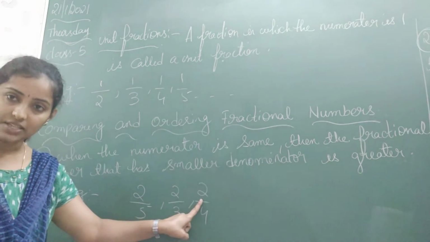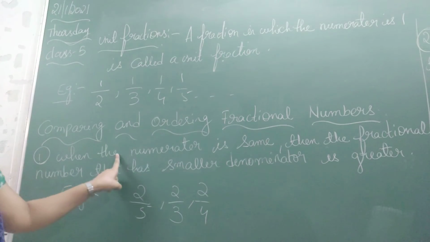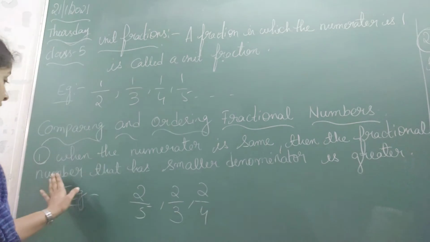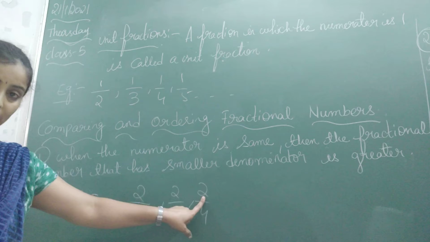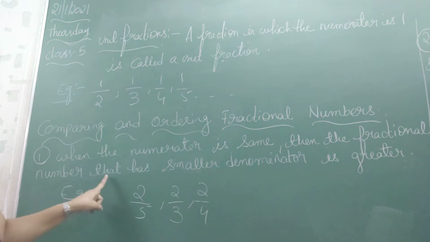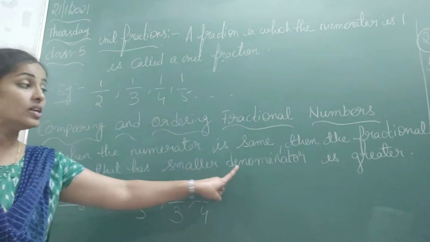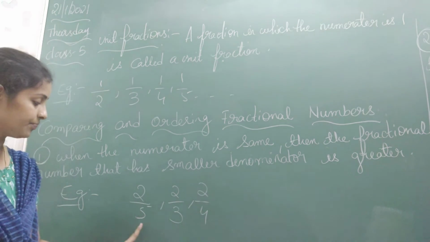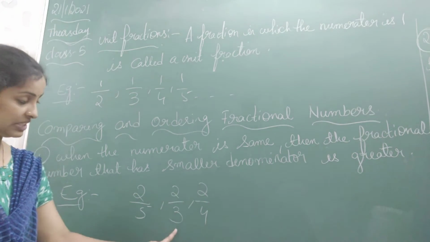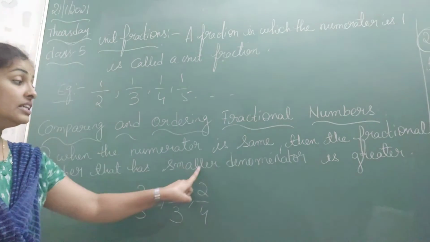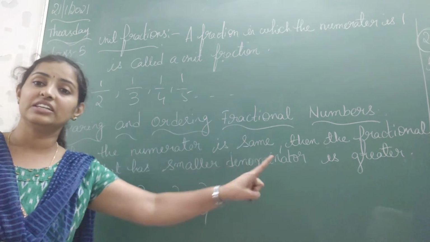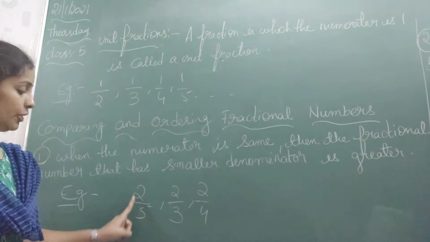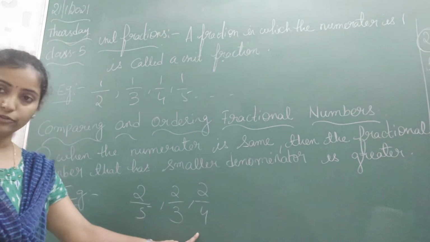So how will you look at this? When the numerator is the same, then the fractional number that has the smaller denominator is greater. So which is the smaller denominator here? 3 is the smaller one. The smaller denominator gives the greater number.